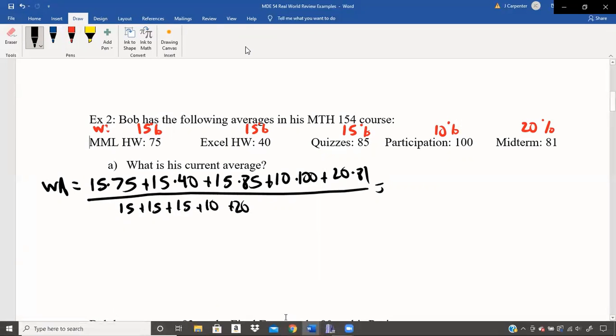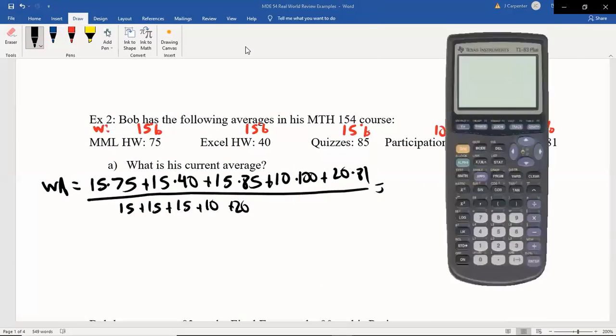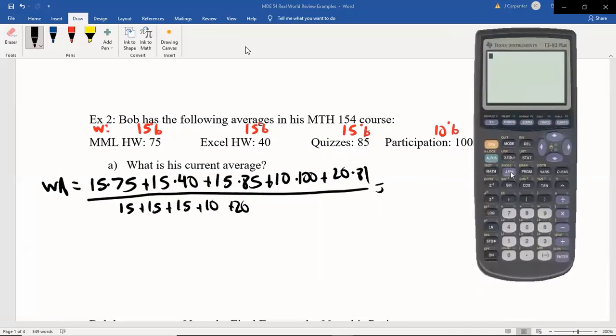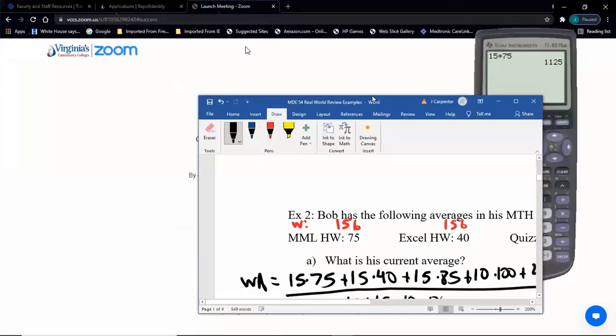And I'm going to go ahead and pull out a calculator just to keep us moving along. Trusty TI-83. So we got our 15 times 75, which is going to be 1125. I'll set this up a little nicer.